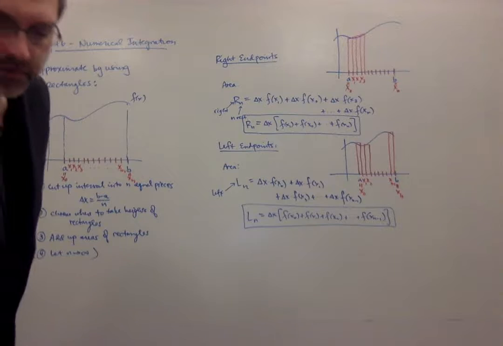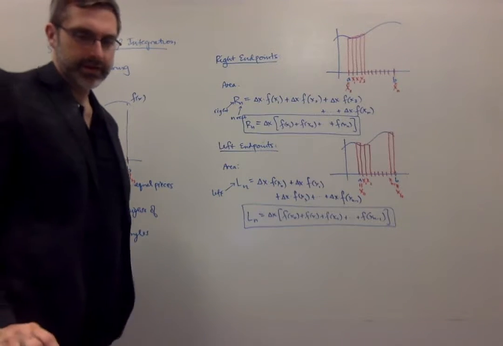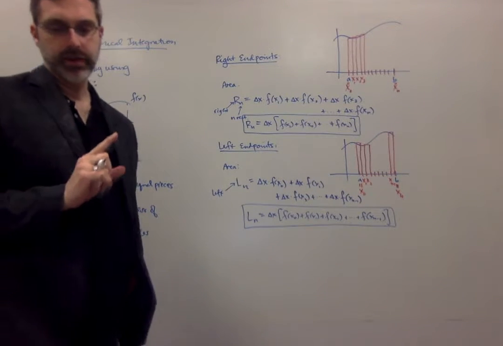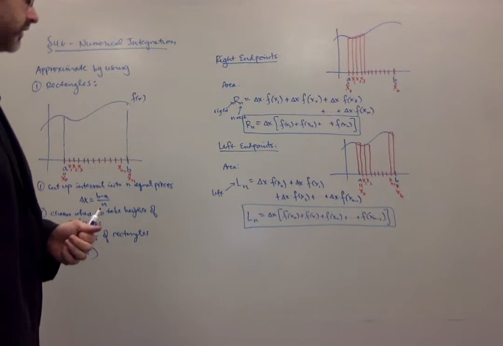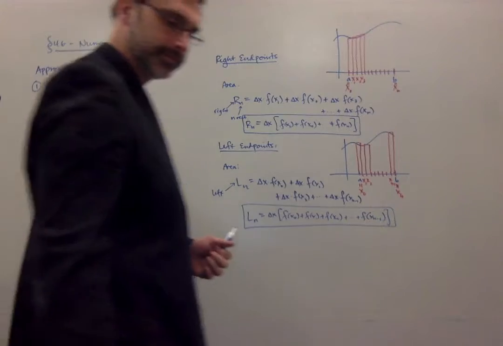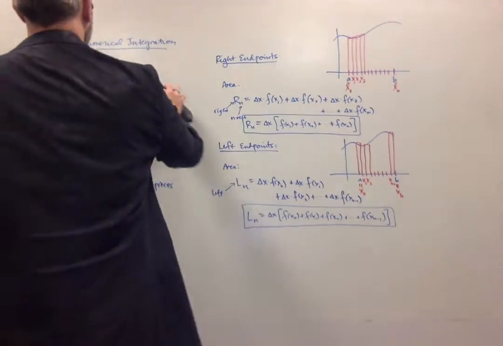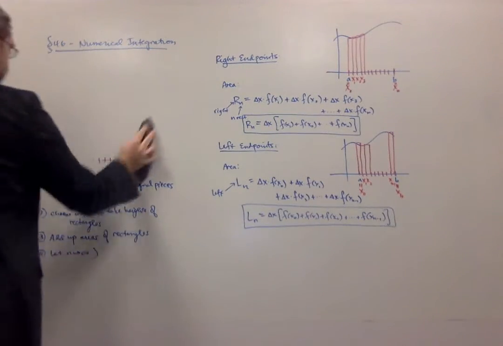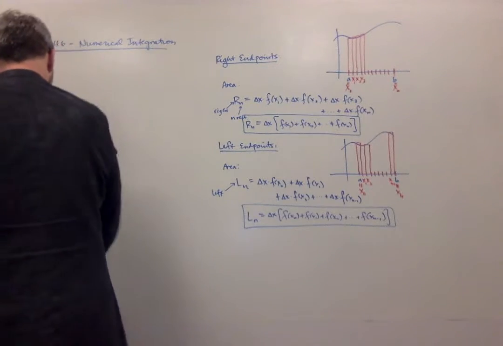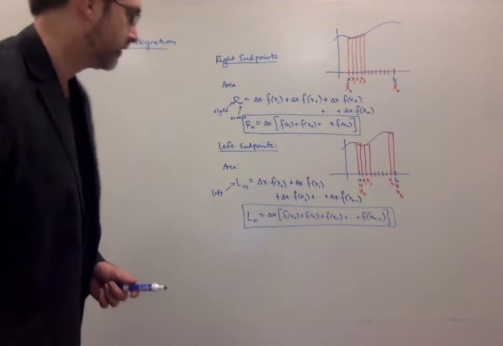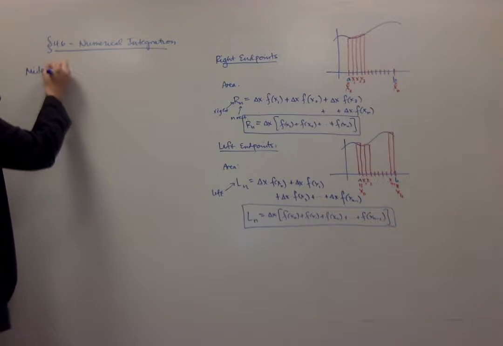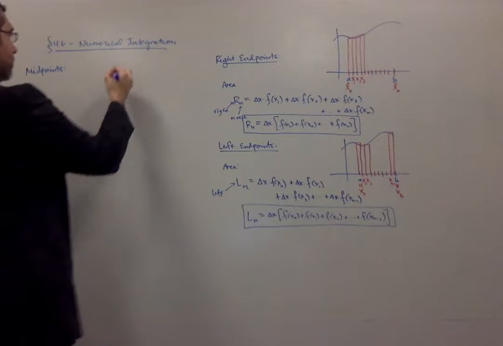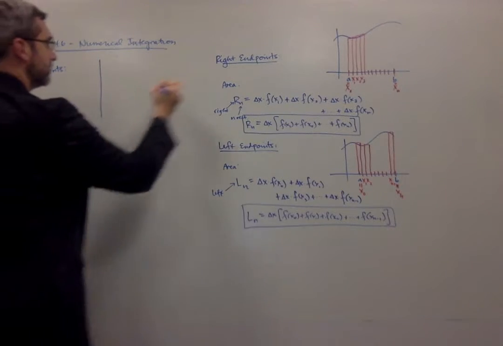Okay, right and left endpoints are very common. There's also another common one that we often use, and it's called midpoints. So we'll go ahead and do midpoints over here. Okay, so let me draw my picture here.